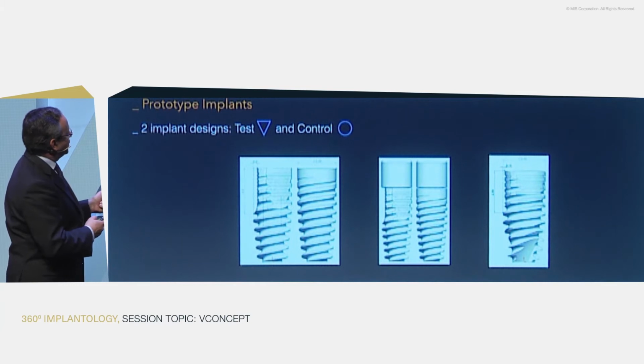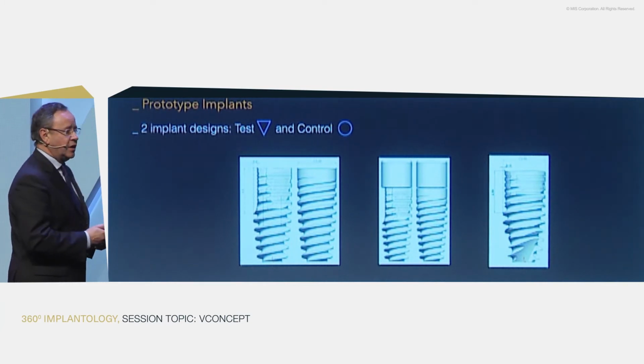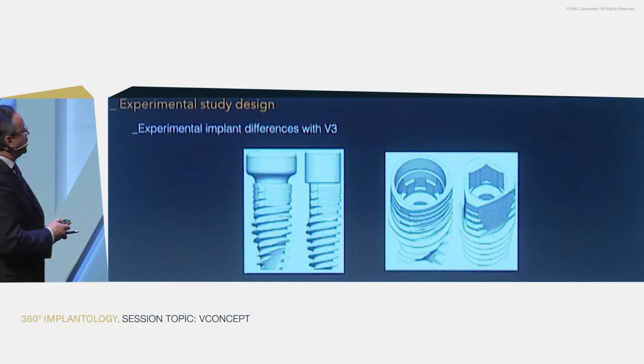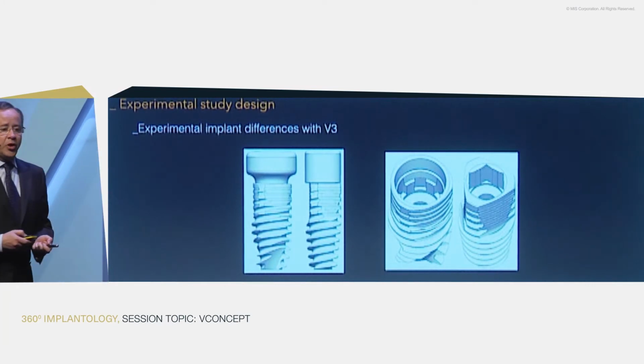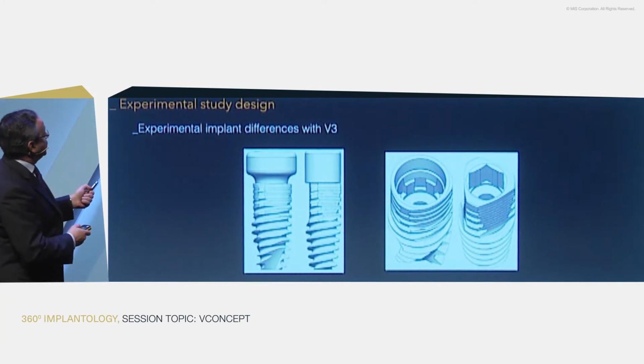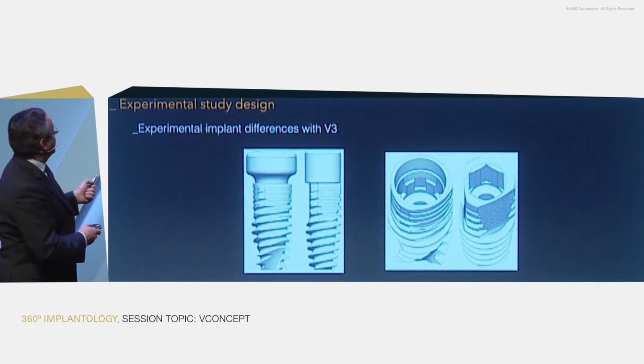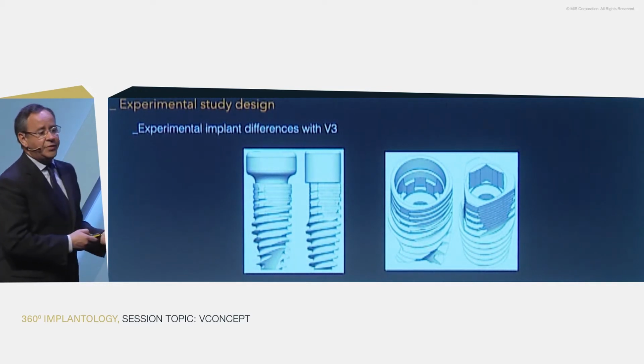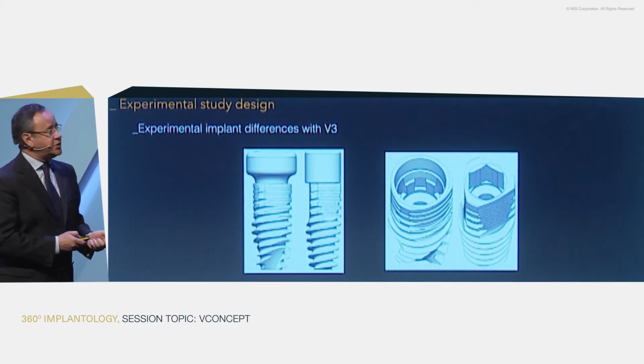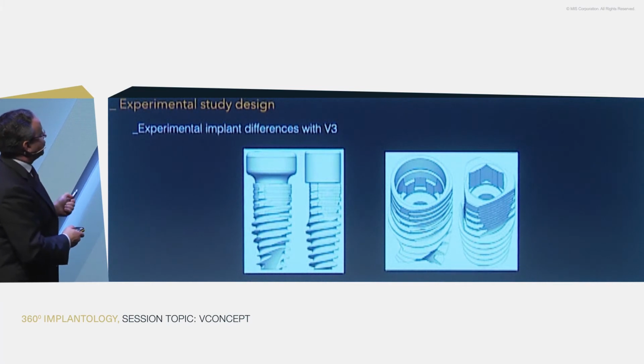But the same abutment was used for the experimental and the control. When we compare the prototype that we utilized with the actual V3 that you use in your patients, you can see the difference.